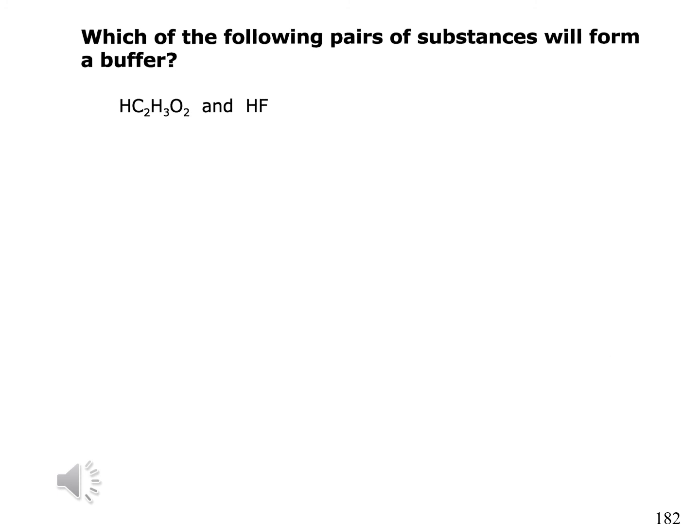The definition of a buffer is that it has to be a weak acid and the conjugate base of the same acid. If you look at the two that I listed here, they're not going to work because they're both weak acids. There is no base, so that is not a buffer. What about NH3 and KCN?